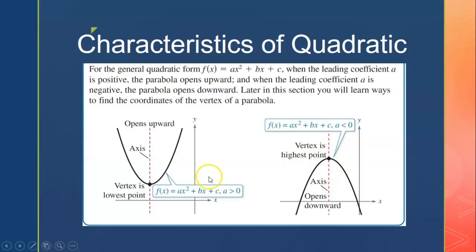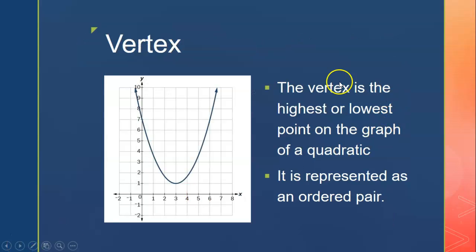The vertex is the highest or lowest point on the graph of a quadratic.